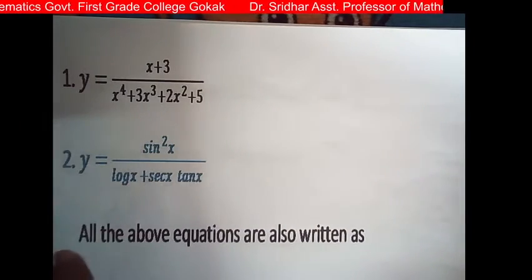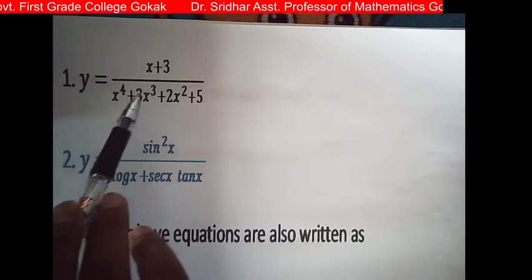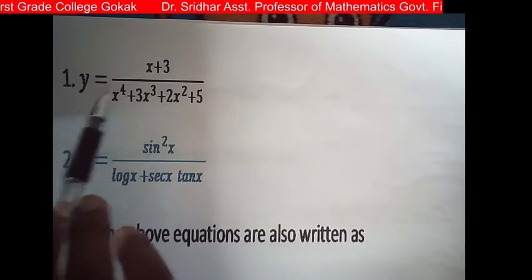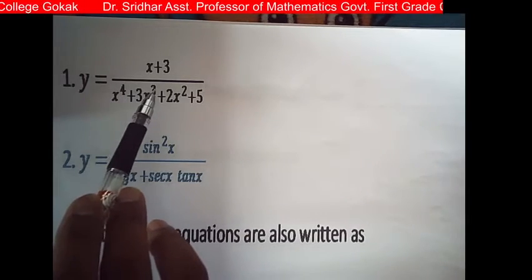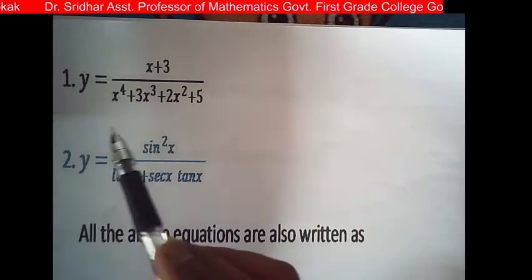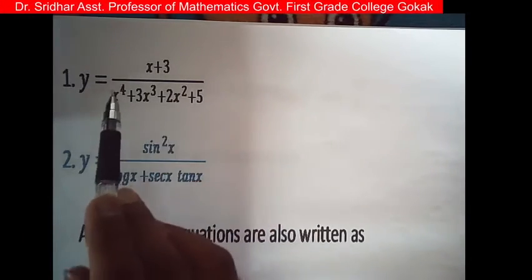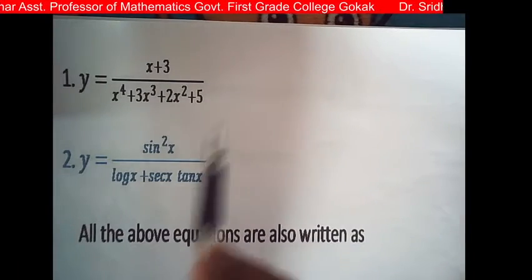Because y depends on the value of x, if you want to find the value of y, the x value is needed. If you don't know the value of x, then we cannot find the value of y. So we say that x is the independent variable and y is the dependent variable.